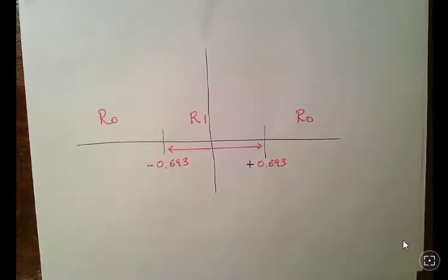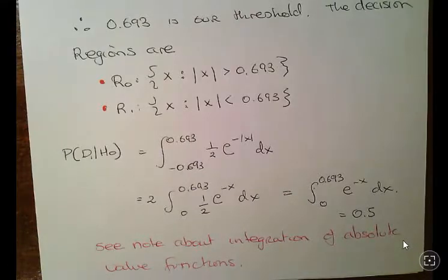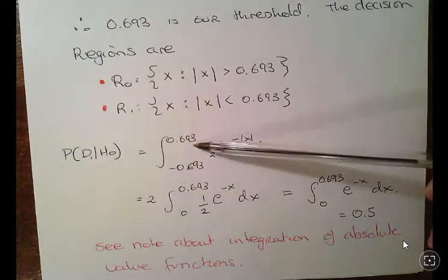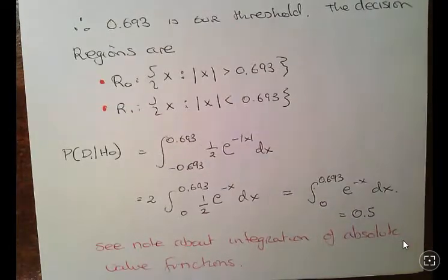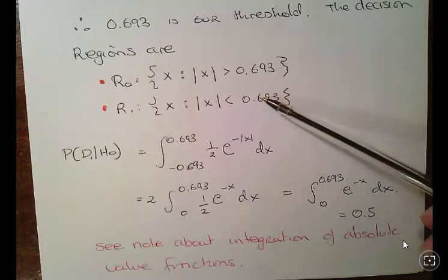So essentially we want to calculate the probability of D1 given H0 and D0 given H1, and what we do is integrate these conditional probabilities in the R1 region. This is what we're in particular looking at.